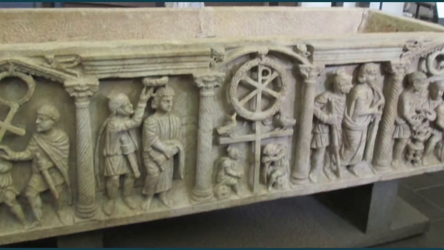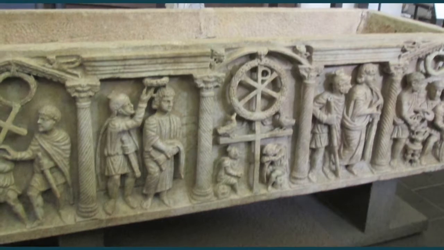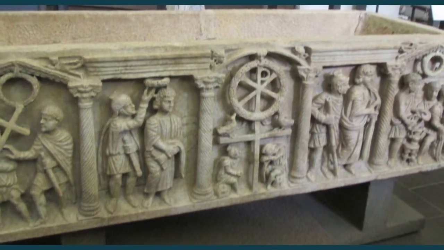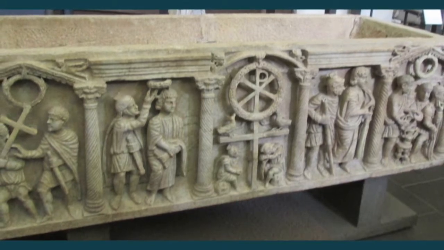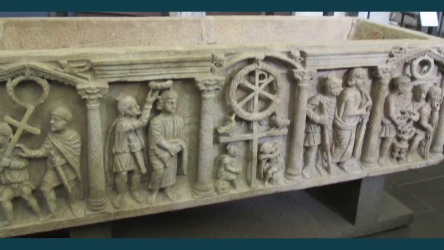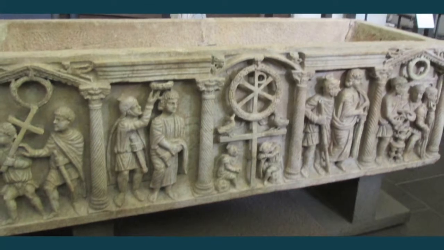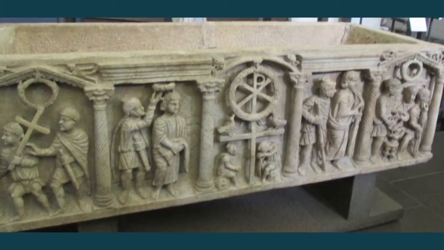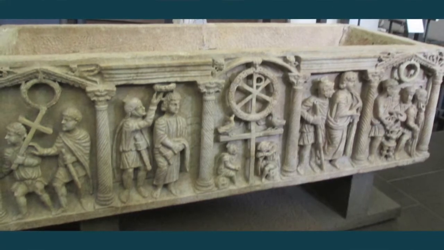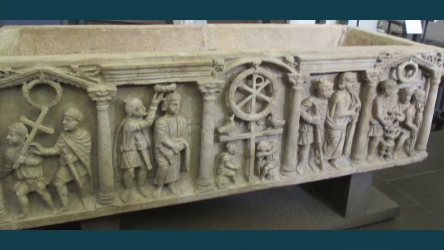And so you see the Chi-Rho, which can sometimes show up earlier because it's not so obviously a crucifix. A Chi-Rho is the P and the X from the Greek word Christos. And then this is a cross. So those really don't show up until quite a bit later.